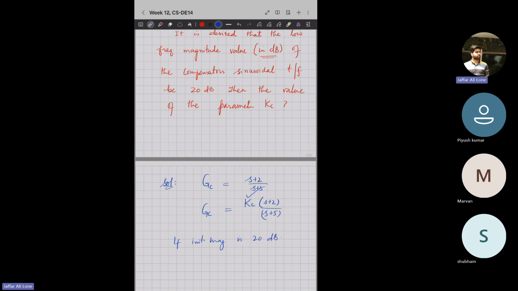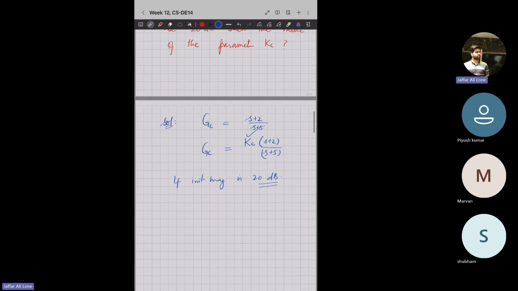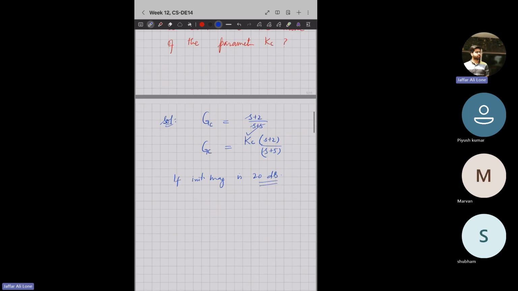Very good. First, see what is the type for this system. There is no pole at the origin, so it's a type 0 system. Now you remember that initial magnitude formula which we used to apply in Bode plots, right?